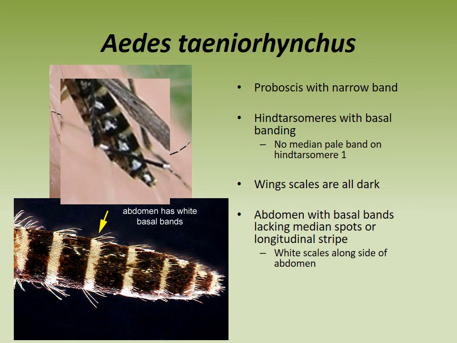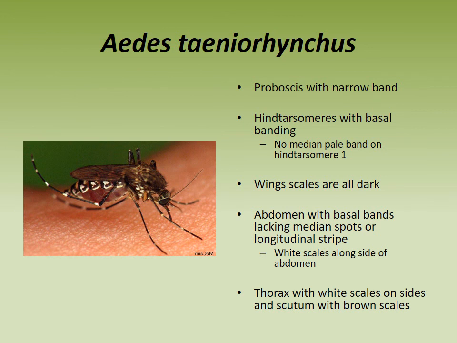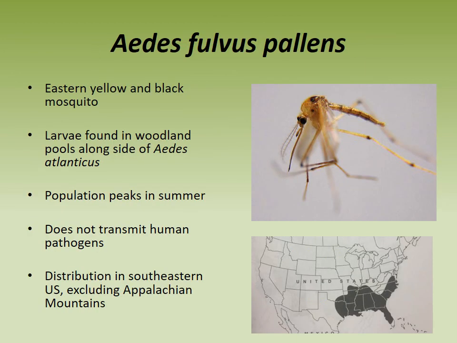And as you can see, the white scales make these like triangles on the sides, the lateral portion of the abdomen. It's kind of hard to see, but I tried to zoom in there. The thorax with white scales on the sides, and scutum is brown.